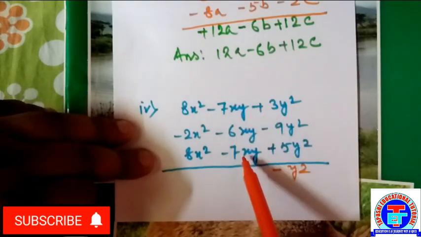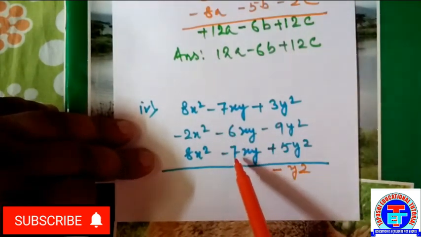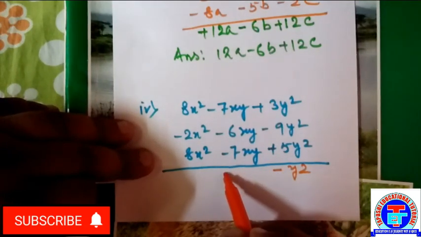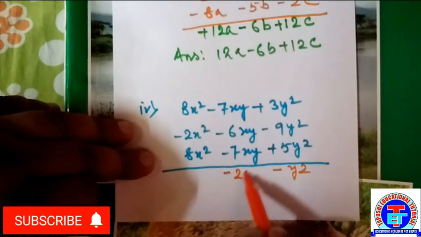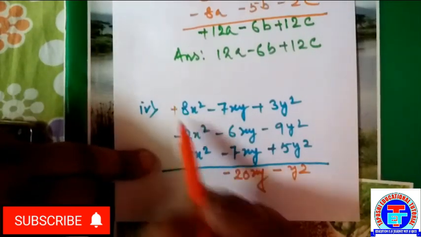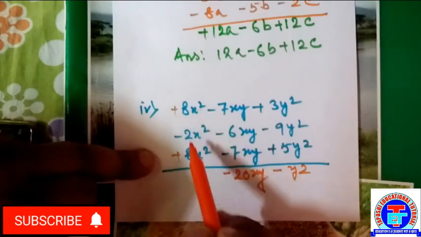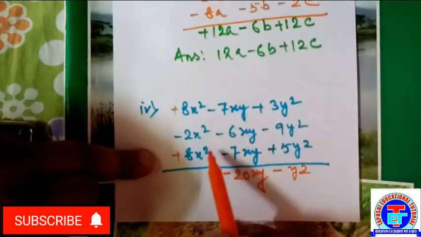All together borrowed is 7 and 6, 13, 20. So we take the minus sign, so 20xy. Now both are plus sign, so 18, 8 and 8, 16 x square.